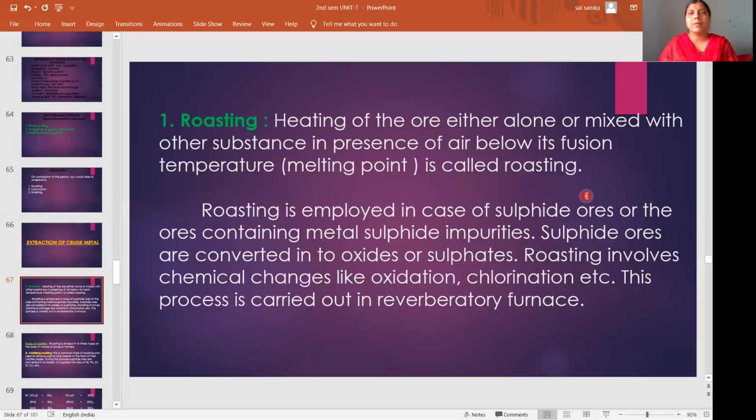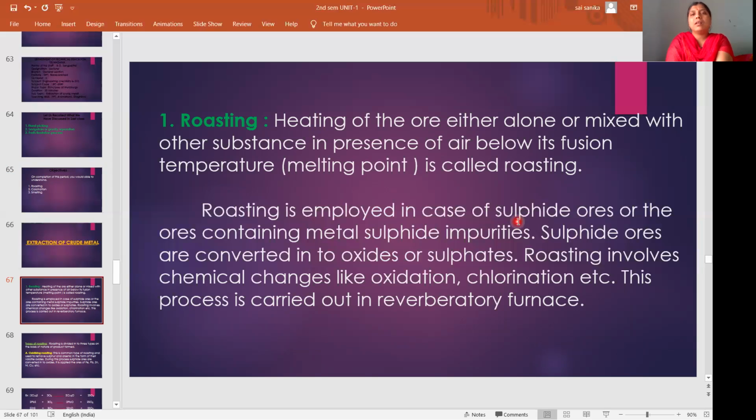So what is roasting? Heating of the ore either alone or mixed with some other substance in the presence of air below its fusion temperature is called roasting. Roasting is employed in case of sulfide ores or the ores containing metal sulfide impurities. For example, lead sulfide, zinc sulfide.